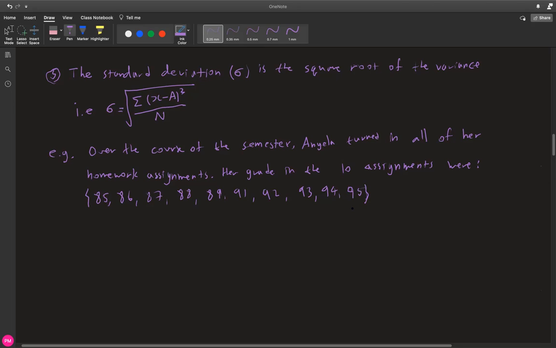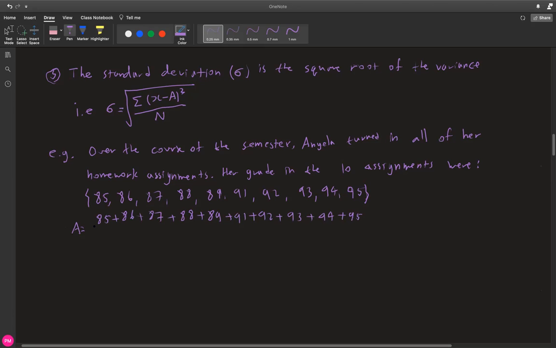So let's find the standard deviation. The first step is to find the average. So average A, we simply add everything and divide by the number of assignments, which is 10. So let's do that. 85 plus 86 plus 87 plus 88 plus 89, 91, 92, 93, 94, and lastly 95.